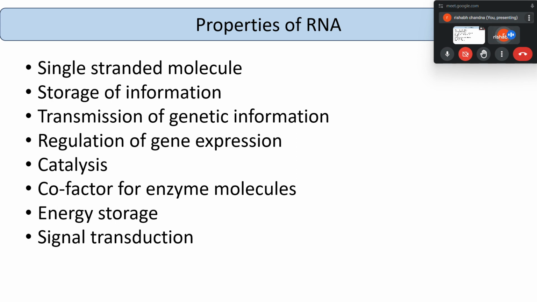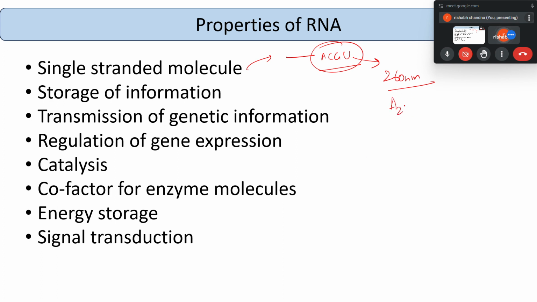So what are the properties of RNA? It's a single stranded molecule that has four bases, A, C, G, and U. Generally, in a lab environment, when we isolate RNA from cells, we measure the concentration at 260 nanometer because of the presence of the bases, which get excited at that wavelength.